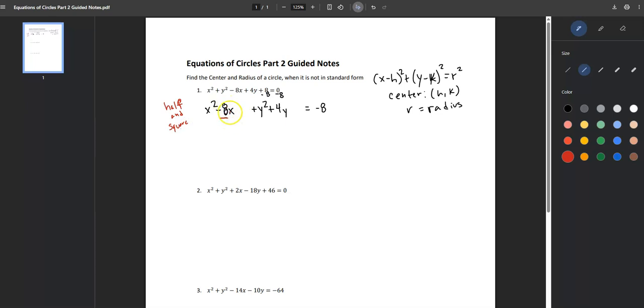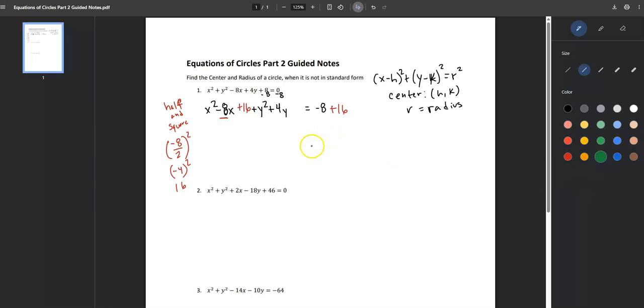So half of negative 8 is negative 4, and squared that gives you 16. I'm going to add that right to the left side, that's why I left a little gap. But I also have to add it to the other side, because what you do to one side, you have to do to the other side.